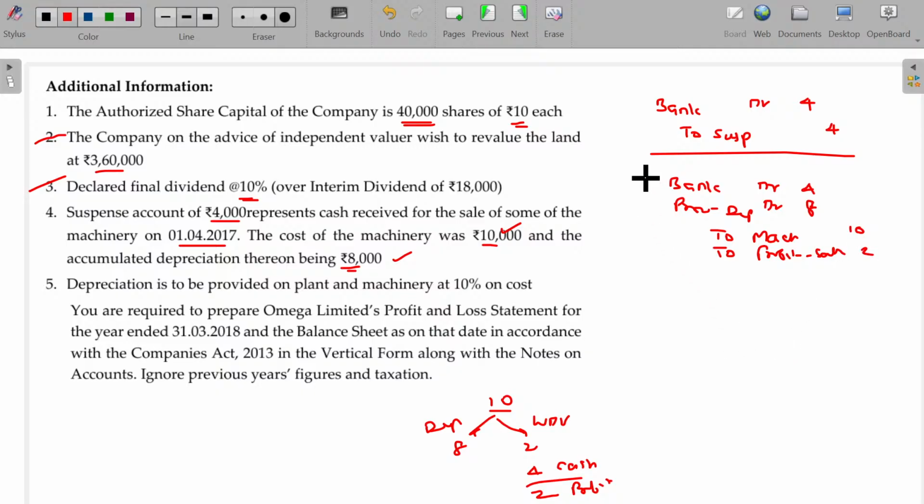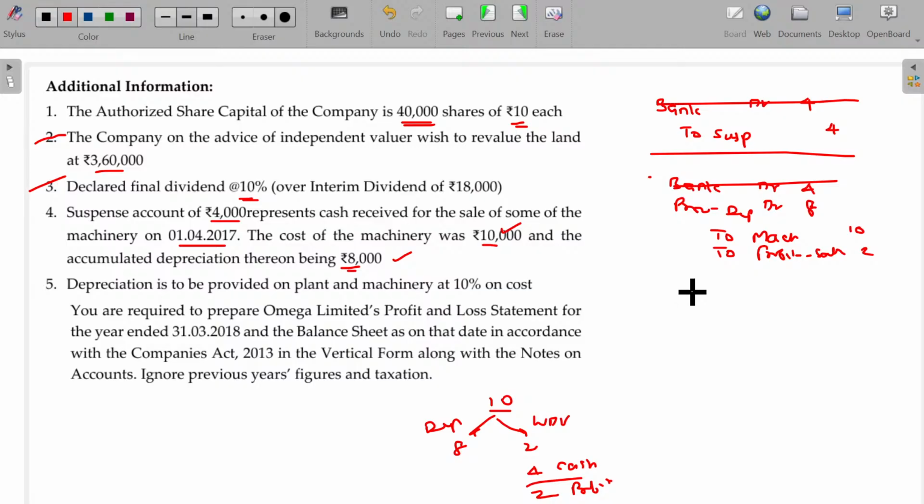Now, instead of passing this entry, they simply passed the entry bank to suspense. 4,000 came in, they added the 4,000 to the bank and temporarily kept that value in the suspense account. Now we are going to adjust this through a rectification entry.